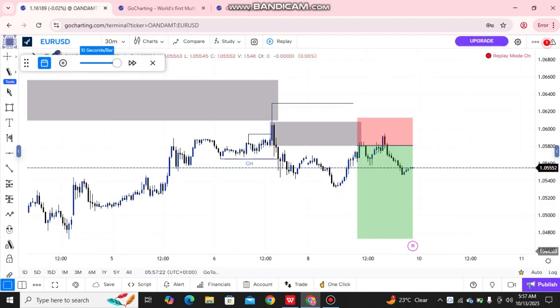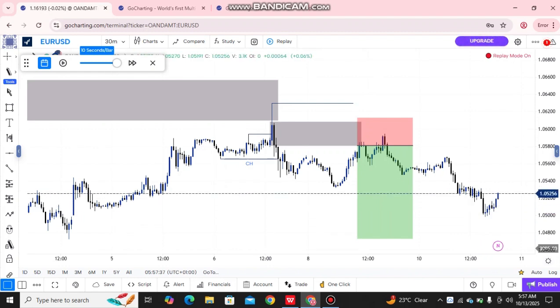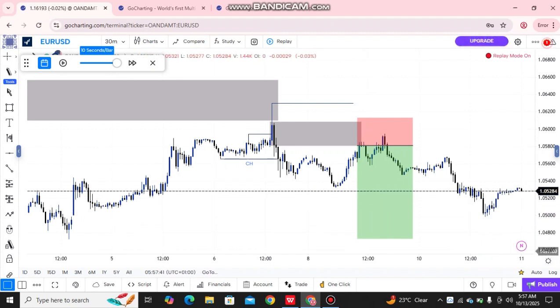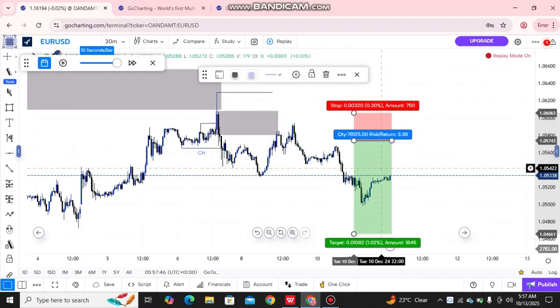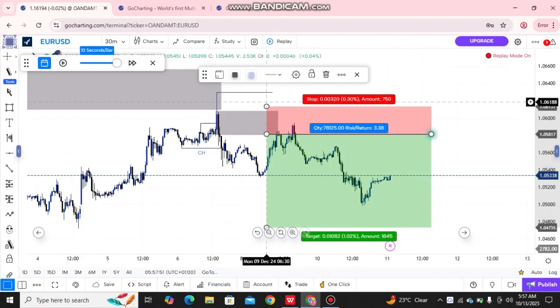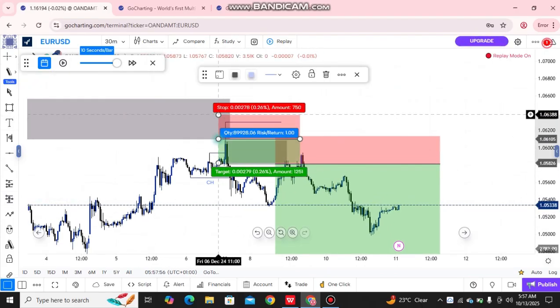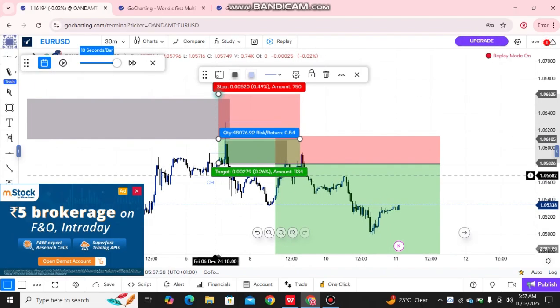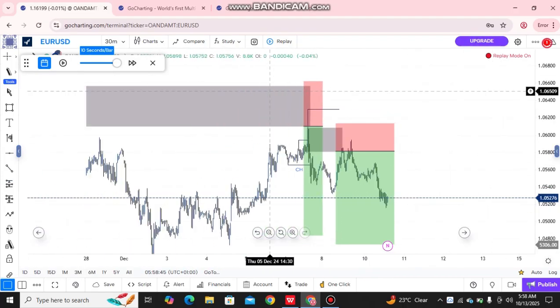So you can see price is trading in this zone, making a series of lows and highs as it's going, and it just keeps melting down until the final take profits. So yeah, basically, can you see the difference? As a conservative trader, this is where your stop loss would have been here, but as an aggressive trader, your stop loss was going to be above the high of this order block here, giving you what?